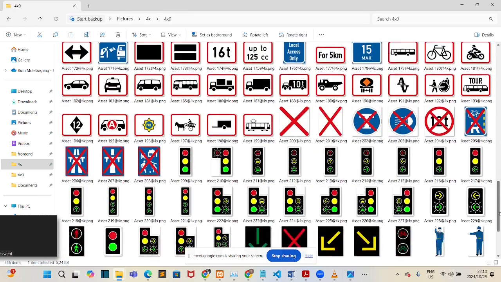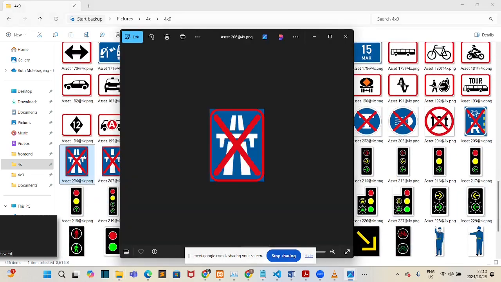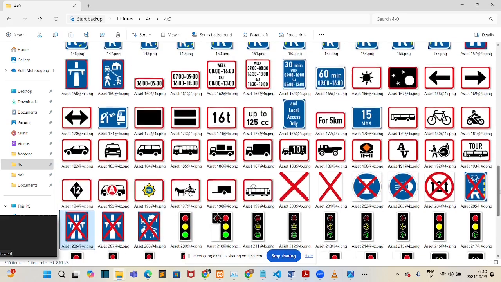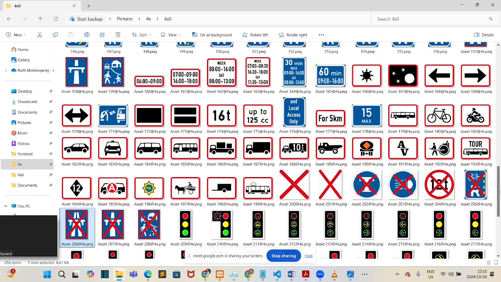When I off-ramp, I see this one, right? When I get out, it's telling me that whatever rules were applicable there are no longer applicable now. Okay. Let's move on. So that was B.